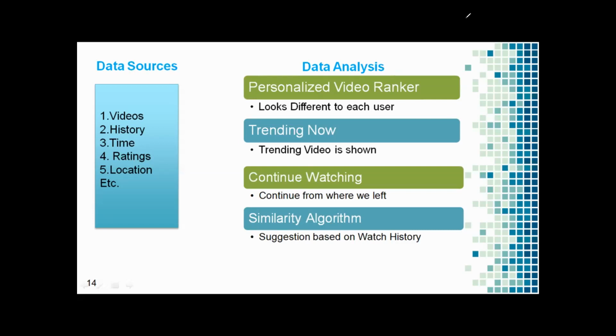And what are the different data sources it is using? The data sources Netflix is using are the videos that we watch and the history that we have. Suppose I am considering myself, the history that I have kept. So based on my history, all my data is calculated just for a single person.